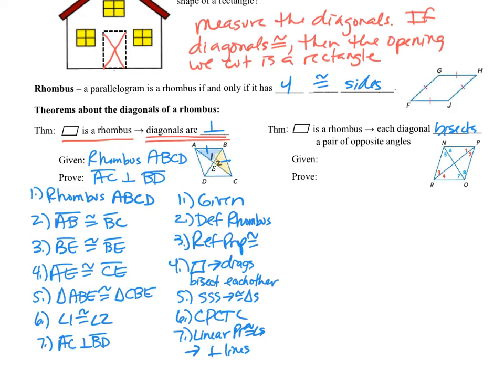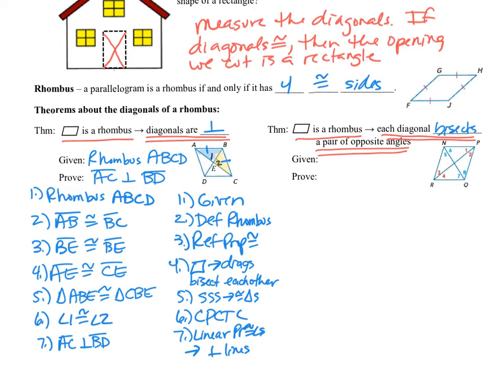All right, so let's assume our hypothesis that we have a parallelogram that's a rhombus. Then we're going to prove that each diagonal bisects a pair of opposite angles. In this proof, we're going to prove that angles 1 and 2 are congruent and 3 and 4 are congruent. We will prove the theorem for diagonal PR, and then we'll assume that a similar proof could be written for diagonal NQ.